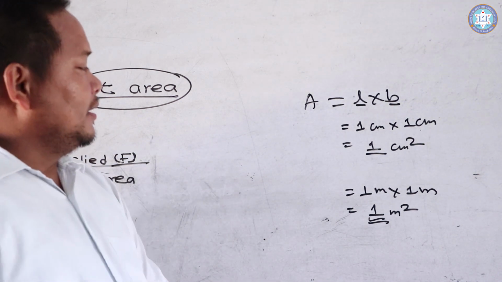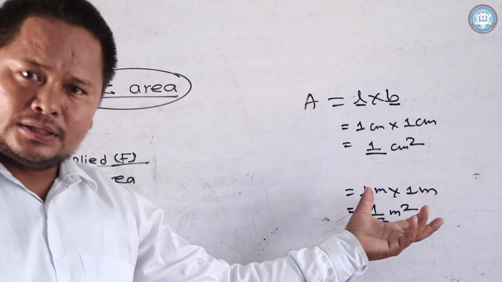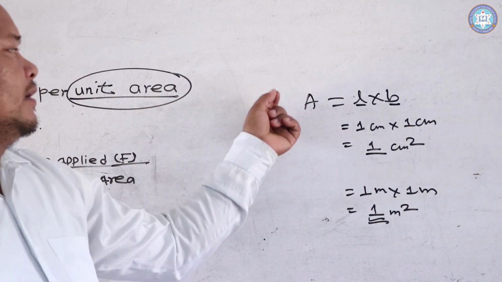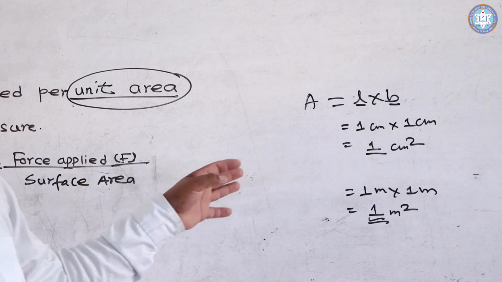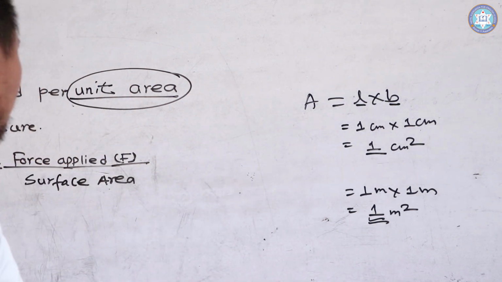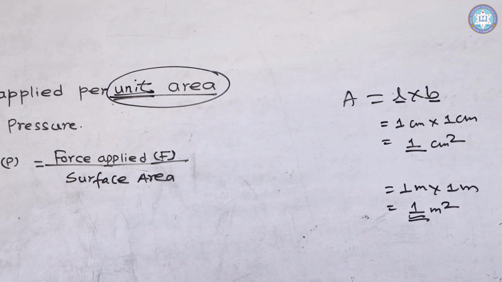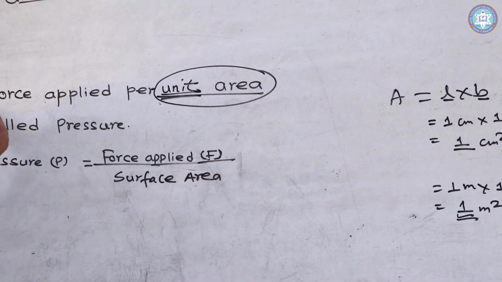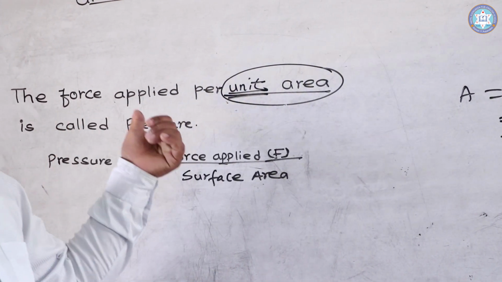Similarly, if length and breadth are in foot or kilometer, their value also we can say unit area. So don't be confused on this unit area. Unit means single, one. Okay, the force applied per unit area is called pressure.